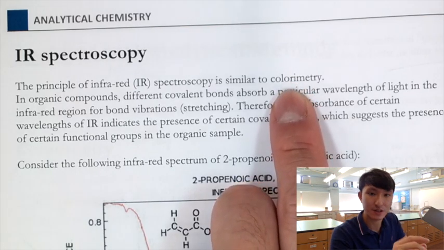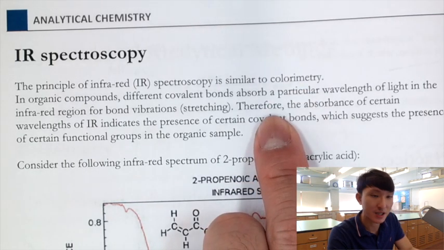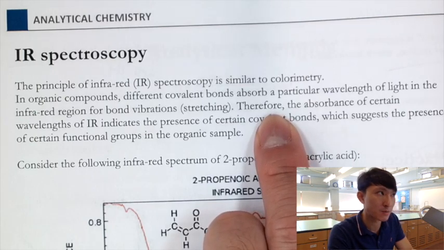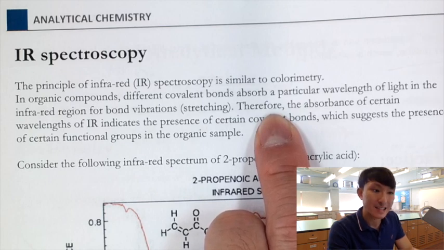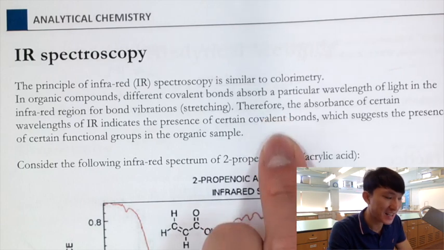But the difference is that in this case, we are not usually using IR for quantitative analysis. In fact, IR is mostly used for qualitative analysis. So instead of finding how much of a sample, we want to find out what the sample is.